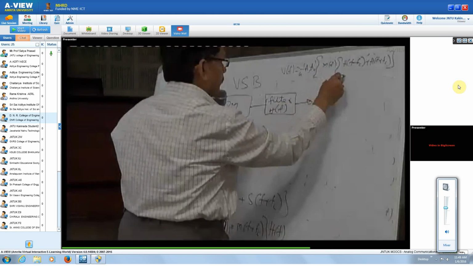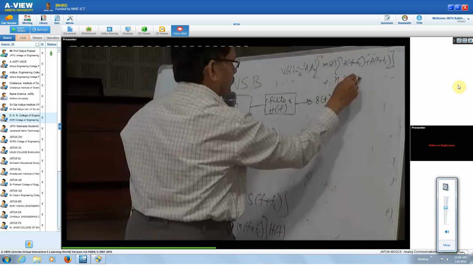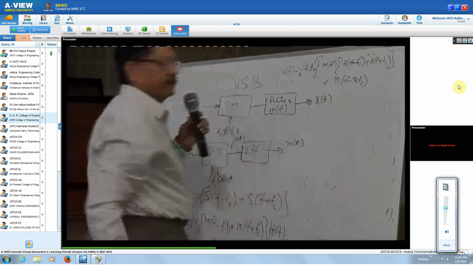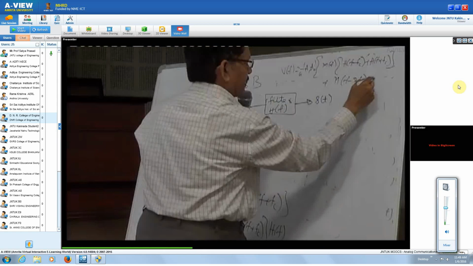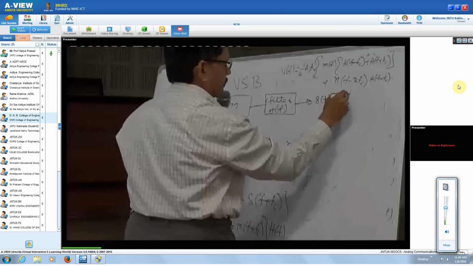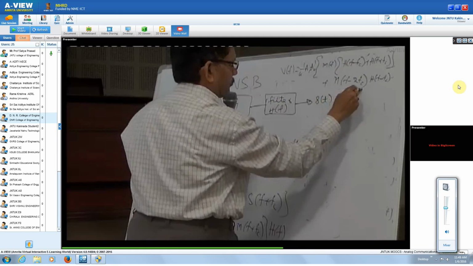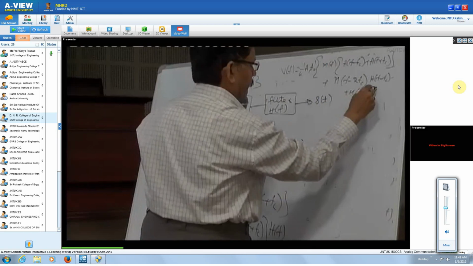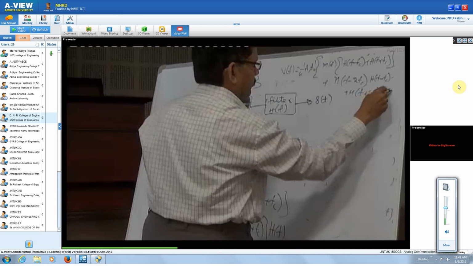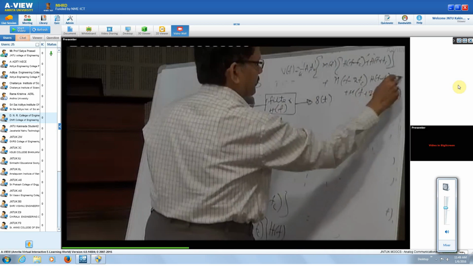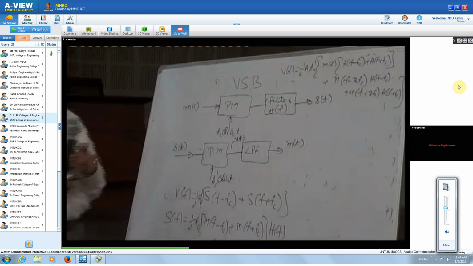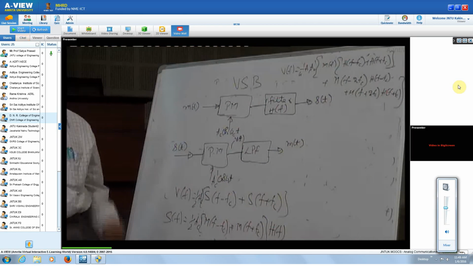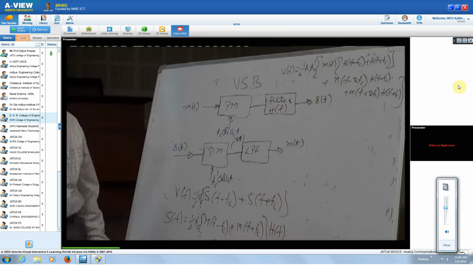Therefore, this is M of f minus 2fc into h of f minus fc plus M of f plus 2fc into h of f plus fc. Other two terms.